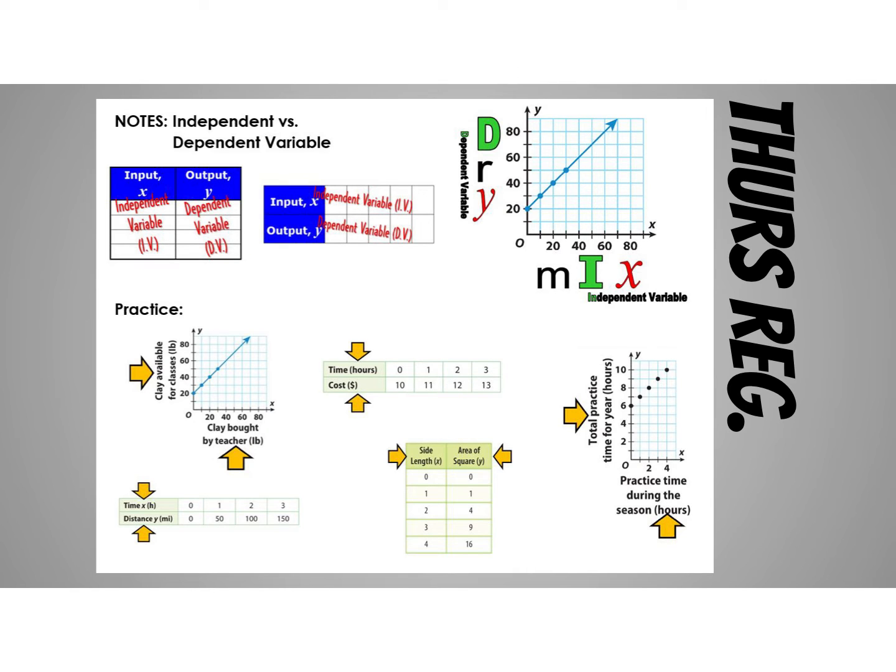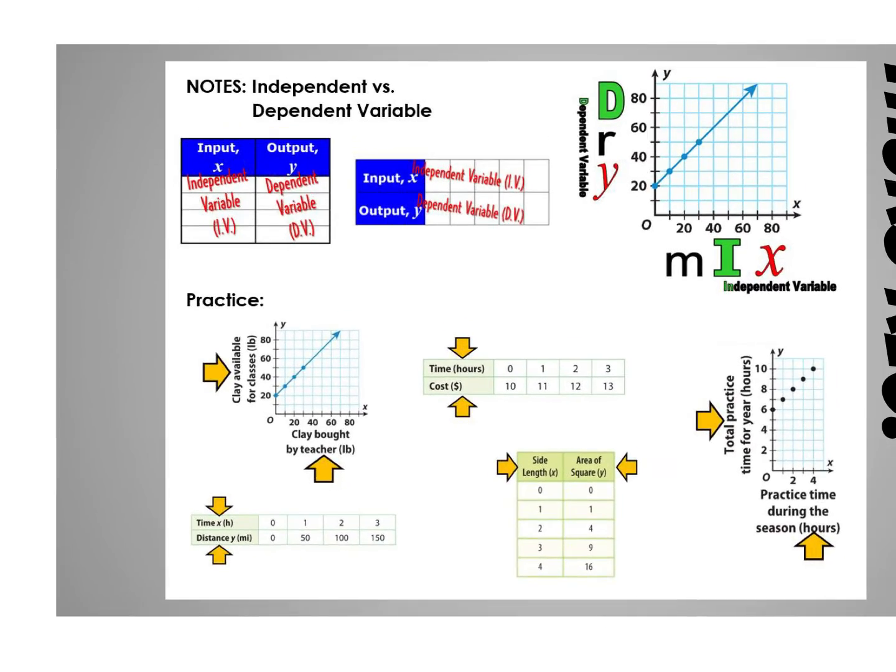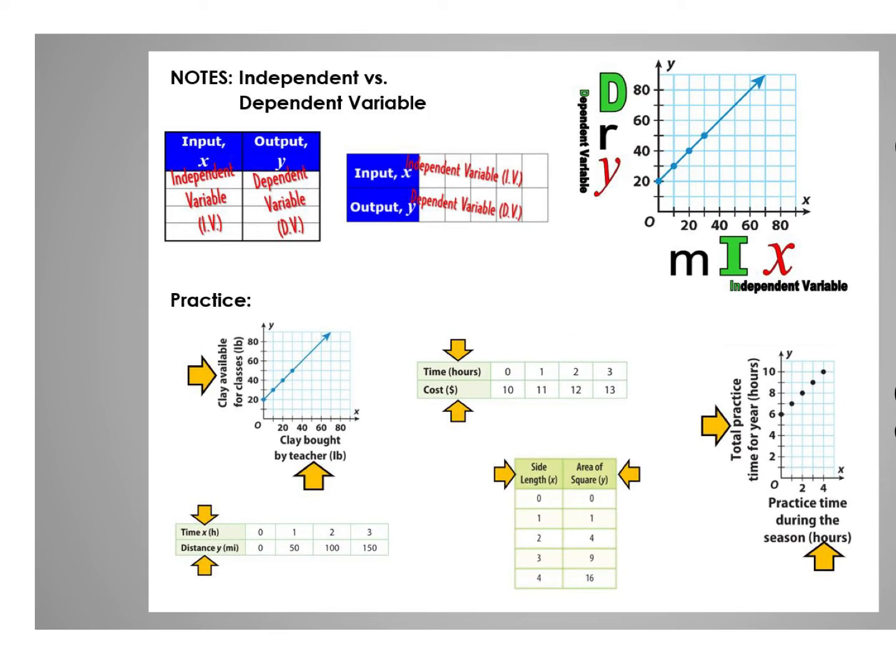Okay. Now in our last lesson, we kind of touched on independent versus dependent variable. Okay, and we're just going to be practicing that some more today. So our input is always the independent variable. The input is the independent right here. Okay, so on a chart that's going across, the input is that first row.